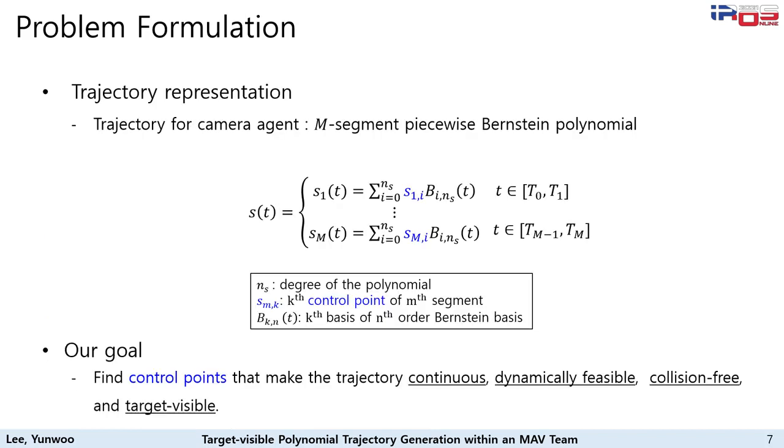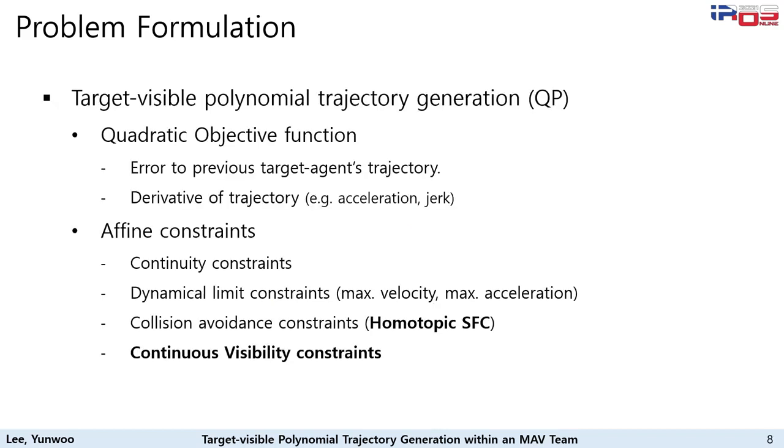We represent the trajectory with an M-segment polynomial, especially with Bernstein basis. Therefore, our goal is to find control points that make the trajectory continuous, dynamically feasible, collision-free and target occlusion-free. We formulate quadratic programming with the following quadratic objective functions and affine constraints.